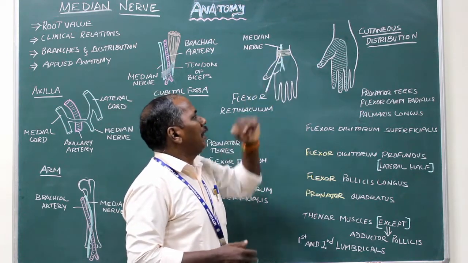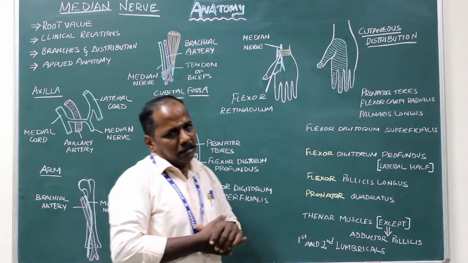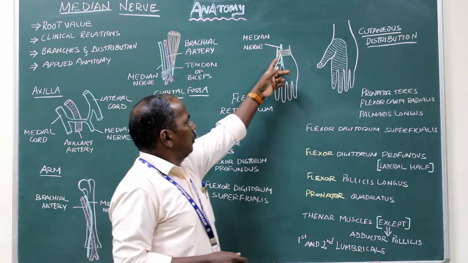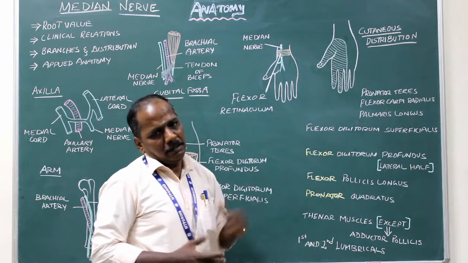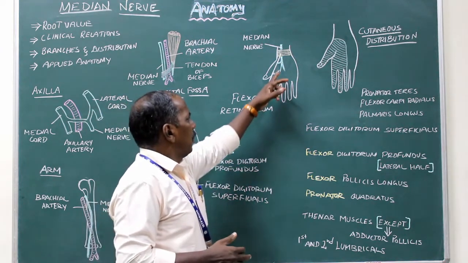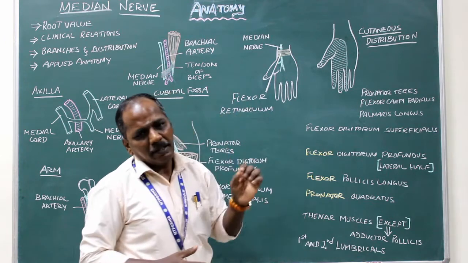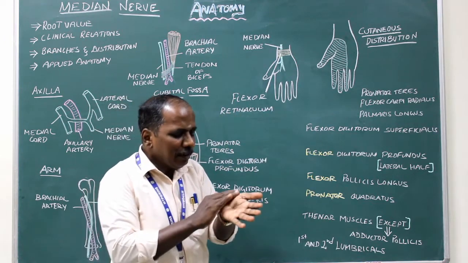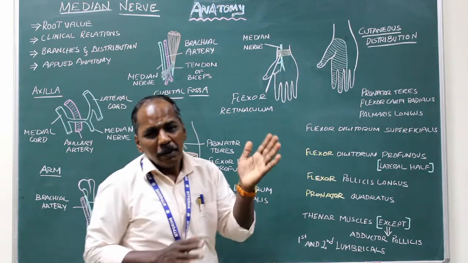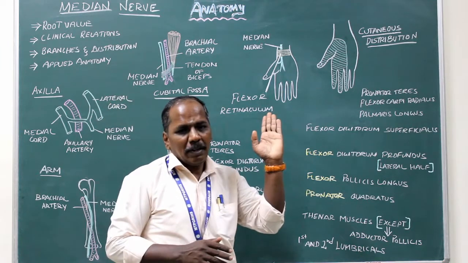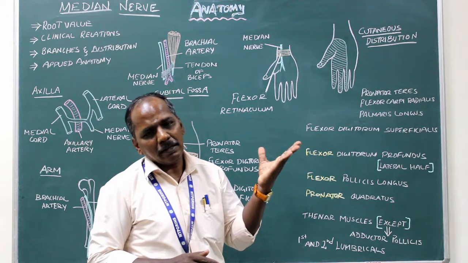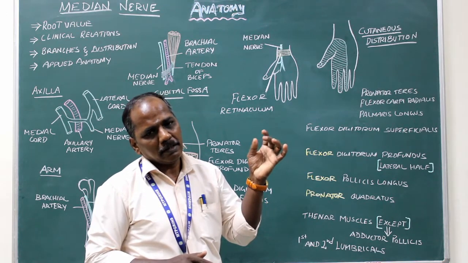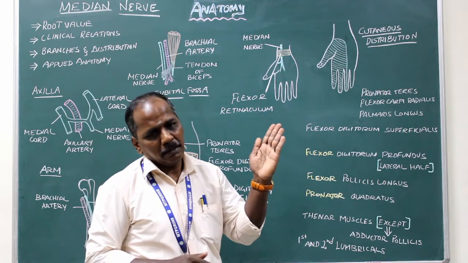In the hand, it divides into lateral and medial division. A recurrent branch supplies the thenar muscles. There are 4 thenar muscles: flexor pollicis brevis, abductor pollicis brevis, opponens pollicis, and adductor pollicis.